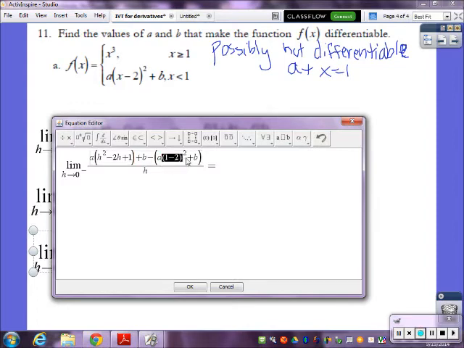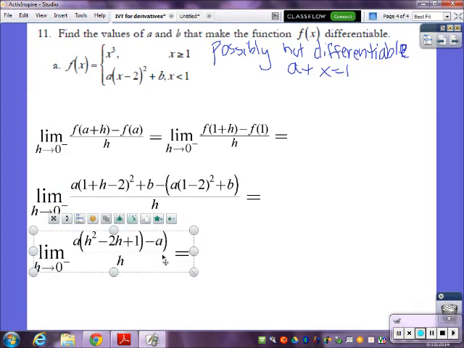So 1 times a is just a. And then distribute the negative, so that would give me minus a and minus b. And then I have b minus b, so those would then cancel each other out. And let's change this plus minus to just minus. And let's have that simplified next.